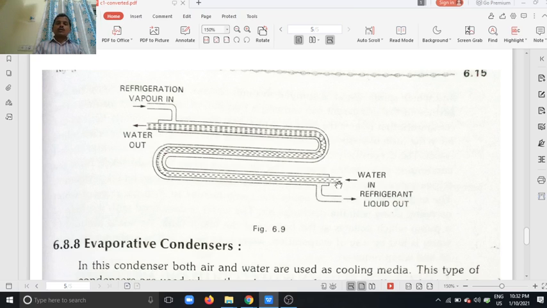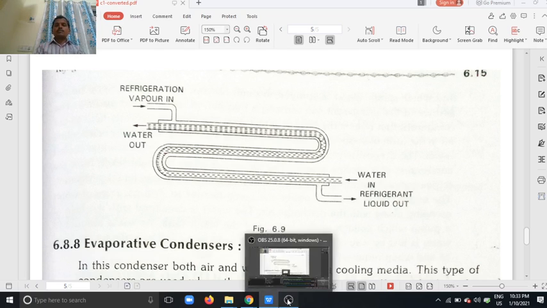So the water moves one way and the refrigerant moves in the opposite direction. The cool water absorbs the heat from the vapor refrigerant and is converted to warm water. The vapor refrigerant is converted into liquid refrigerant and collected at the bottom. That is the tube in tube type condenser.